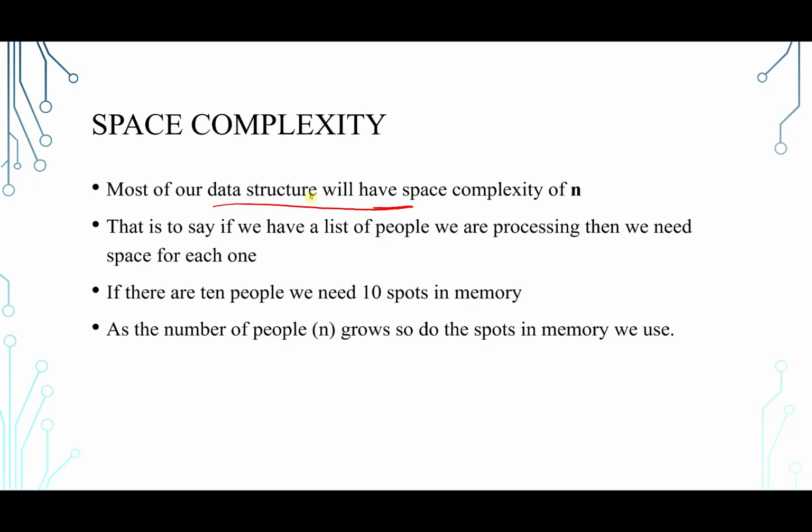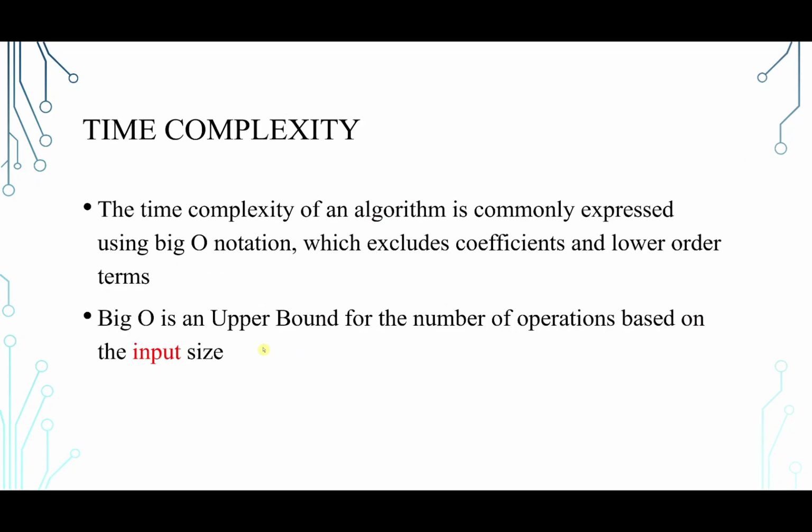So if there are 10 people, then we need 10 spots in memory, assuming that every person needs one spot to be stored in memory. So as the number of people n grows, so do the spots in memory we use.